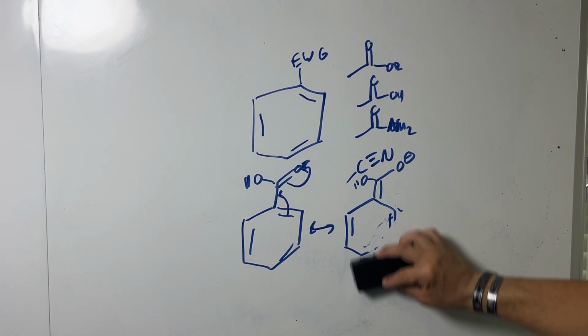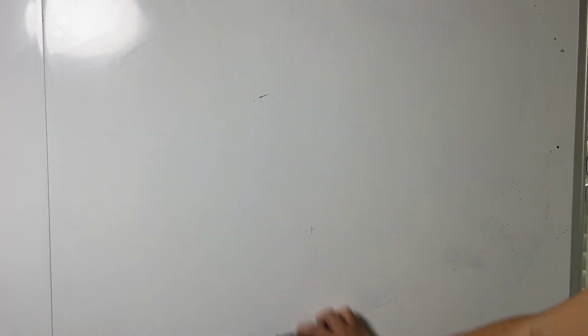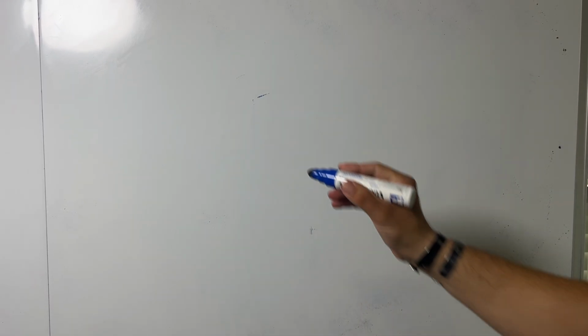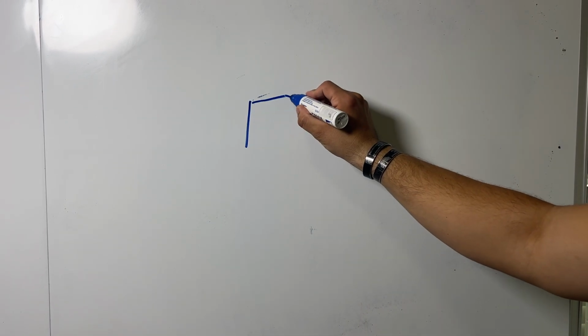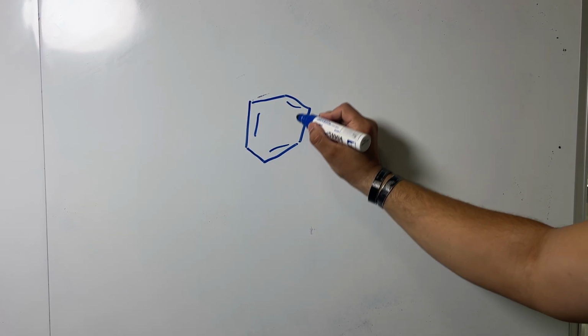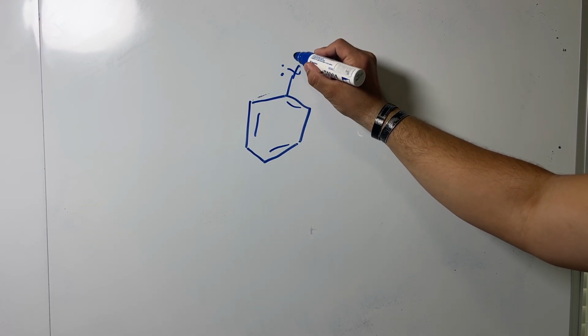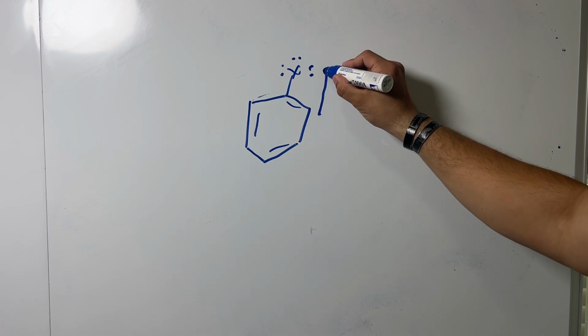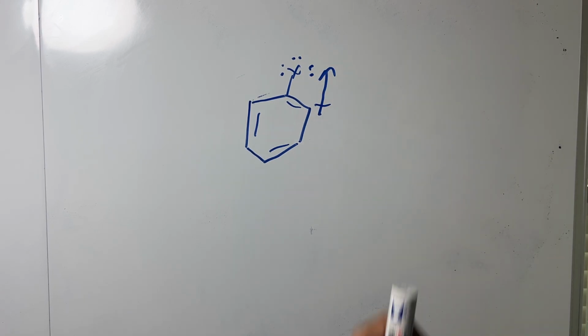Now, let's go to our halogens. As I said before, the halogens withdraw electron density out of the ring. This bond is extremely polar. It's just pulling so much electron density out of that ring, it is deactivating to the ring.